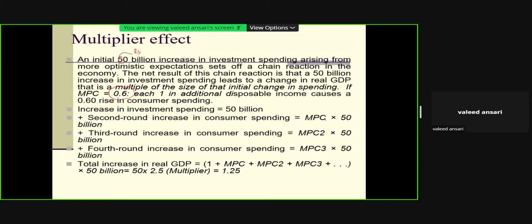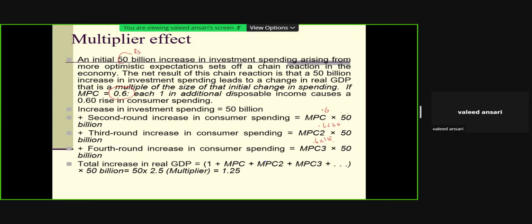So 0.6 multiplied by this is the first round. Then in the second round, those who receive this 30 billion will spend 0.6 multiplied by 30. Then the third round, 18 multiplied by 0.6. So in each round a part is saved and the rest is consumed. So it is a chain effect, and this will go on, and finally it will peter out. This way we can work it out.